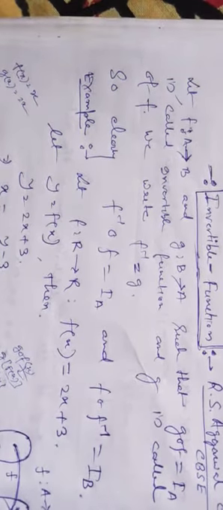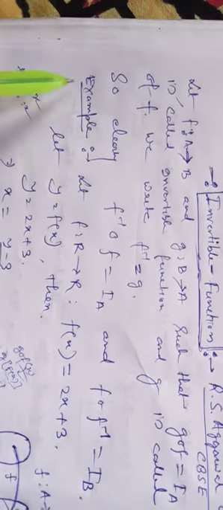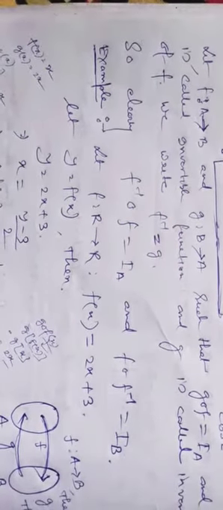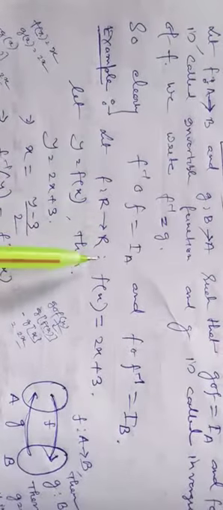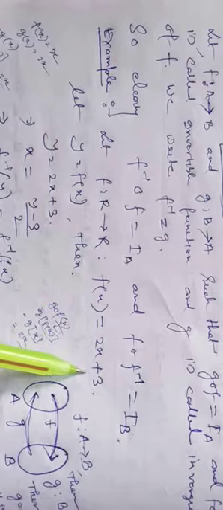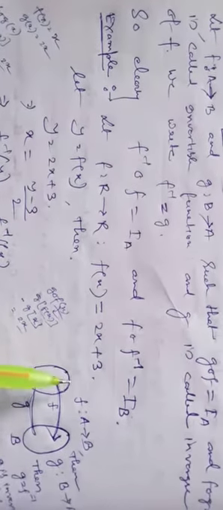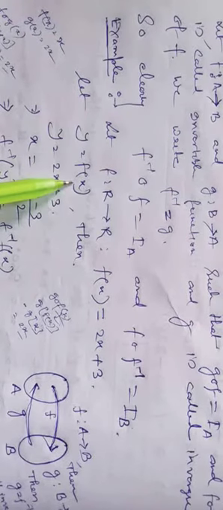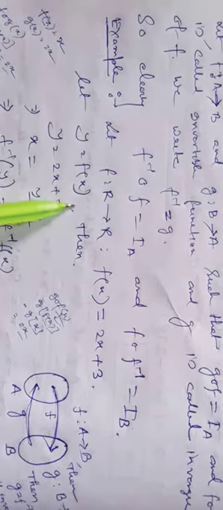To make this clear, let us take one simple example. Let f: R to R, where f(x) is defined as 2x plus 3. Now let y be equal to f(x).